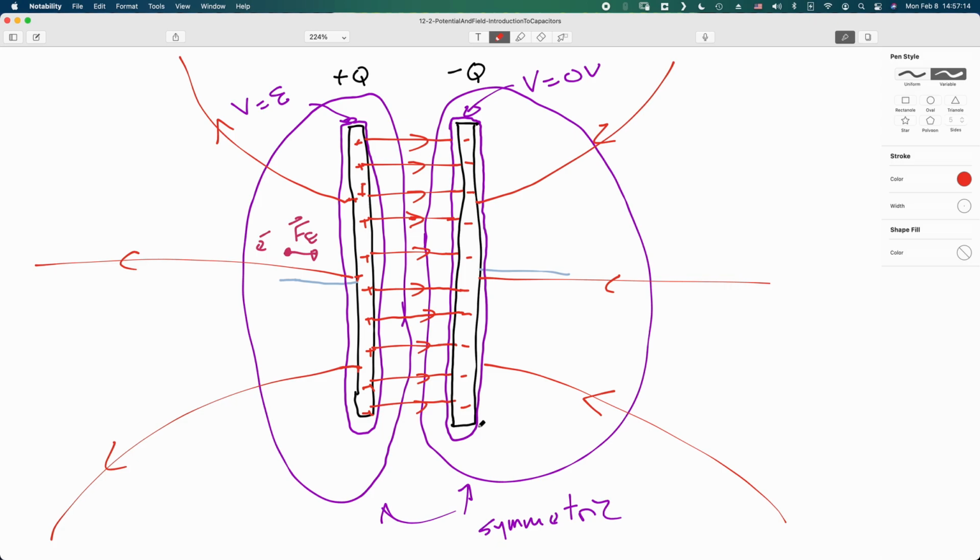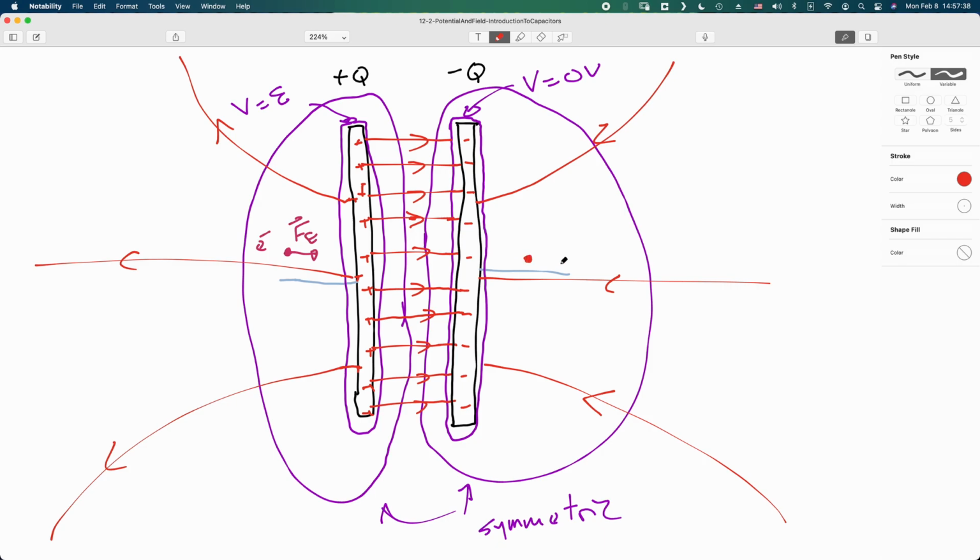But it's a lot less than on the inside in a real world capacitor. In an ideal one where you approximate it as infinite, then all the charges are purely on the inner surfaces of the two plates, and there would be no fringe field. But in the real world, there is a fringe field, and it turns out to actually matter here.